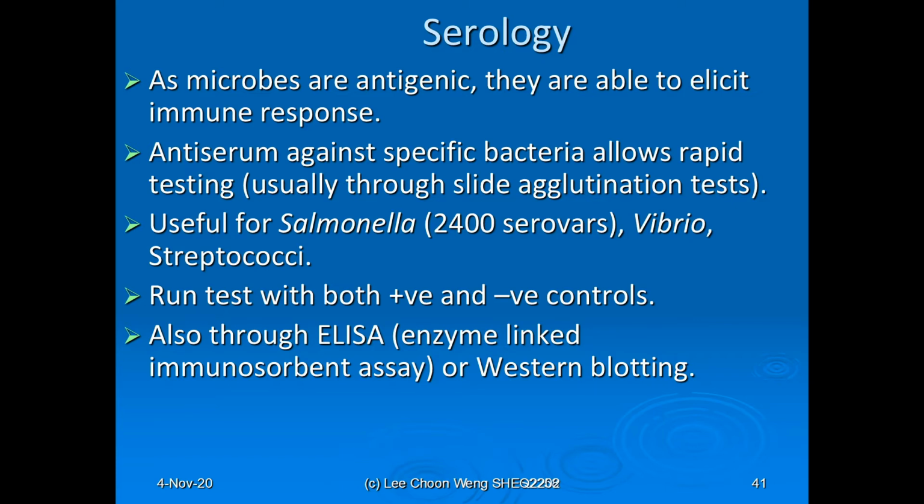So, Vibrio cholerae O1 versus non-O1. That's a very important step in the identification of Vibrio cholerae. It is also useful for Streptococcus pneumoniae. When we do this serological test, it is usually done with positive and negative controls. And nowadays, they also use ELISA and Western blotting.